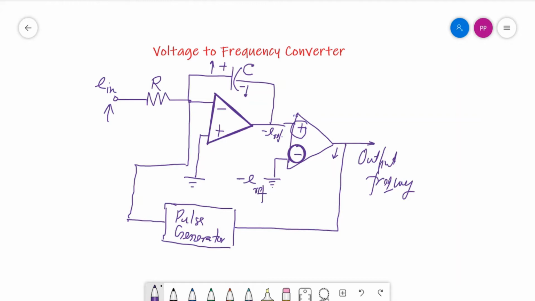This will generate a train of pulses at the output of the pulse generator. These could be pulses of a grounding signal. This grounding signal will force the capacitor to discharge very fast, because the pulse generator will provide a low resistance path to the integrator.